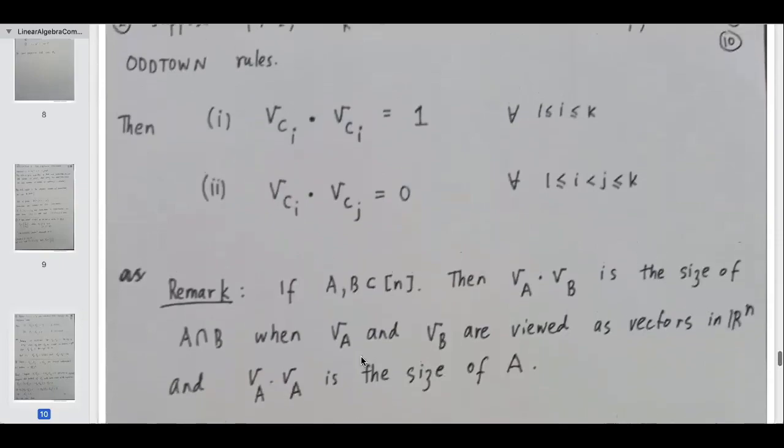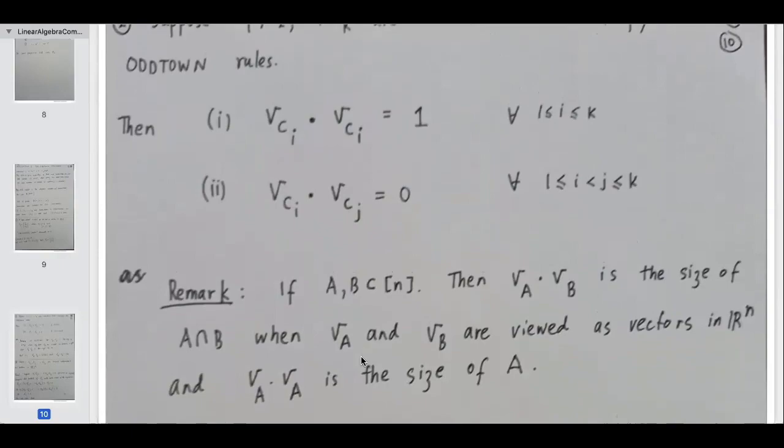So remark, in general, if we take two subsets A, B of 1 to n, then VA dot VB is the size of A intersection B when VA and VB are viewed as vectors in R^n. Of course 0, 1 vectors also appear in R^n.